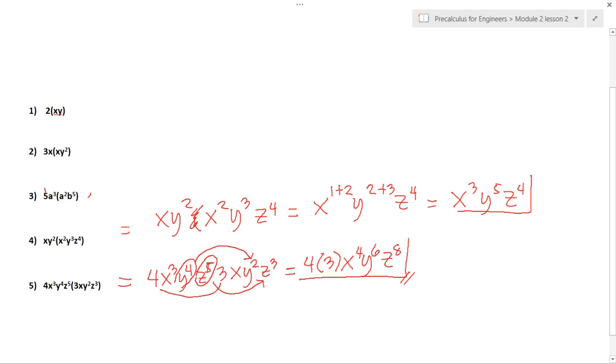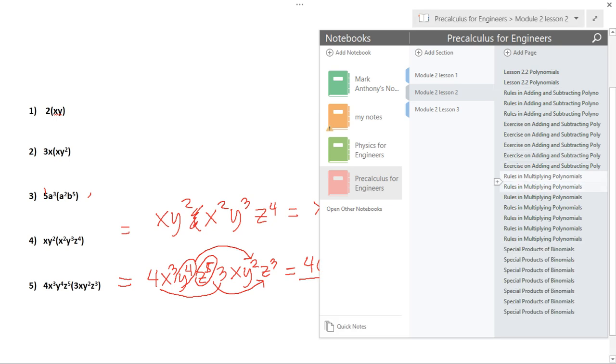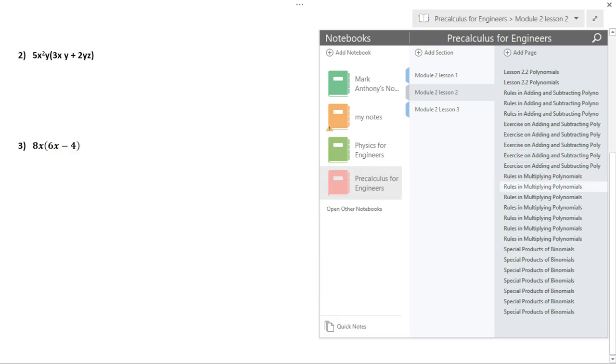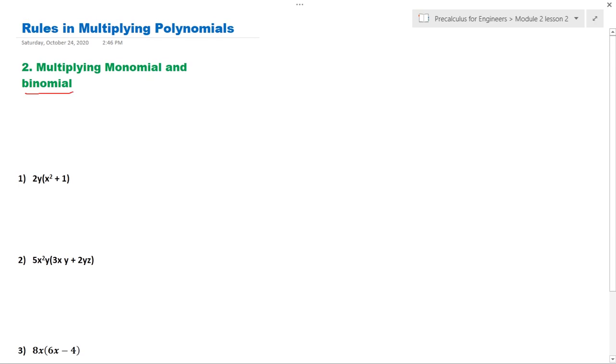So next, let's jump to the next example. We have here multiplication of a monomial and a binomial. On the previous part, it was monomial by monomial. Now, monomial and a binomial. So what is the rule here? Just remember the distributive property of algebra.